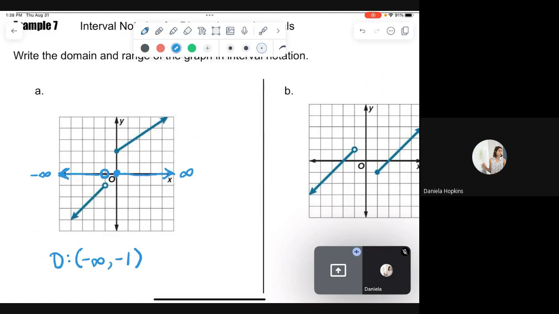There's a space there. I'll put the U to show there's a space. What's that closed circle at? 0. And it's a closed circle, so I'm going to put a bracket. Up to, what's my maximum there? Infinity, right?